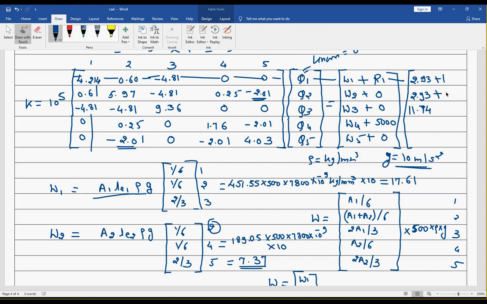So at 2 location it will be 1.22. This will be also added because 2 is also here. Then at 4 it will be 1.22, and plus I have applied the 5000 Newton load.